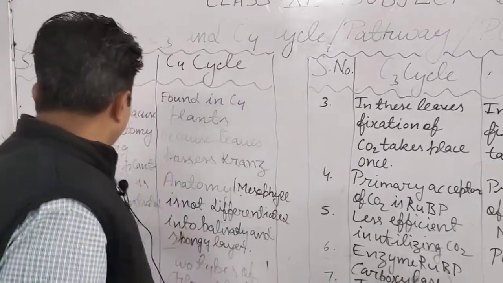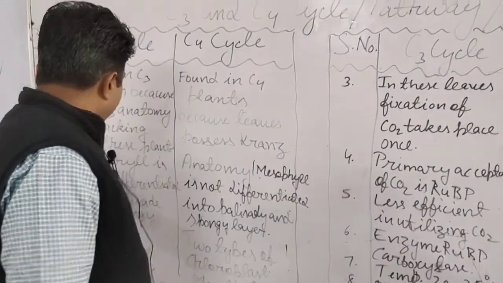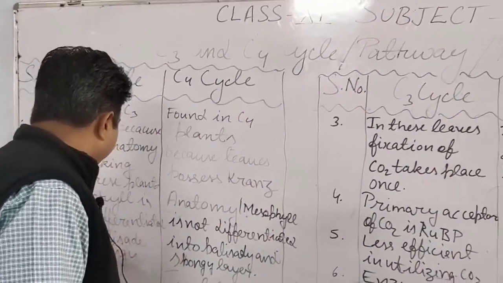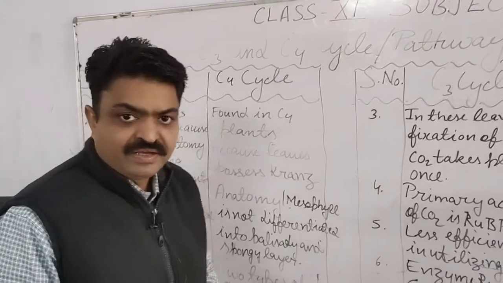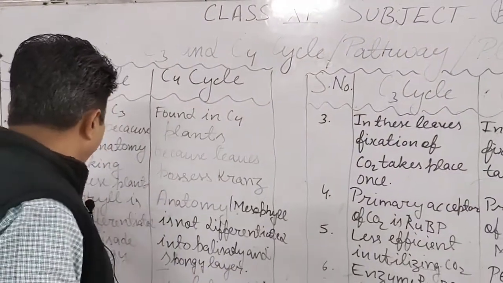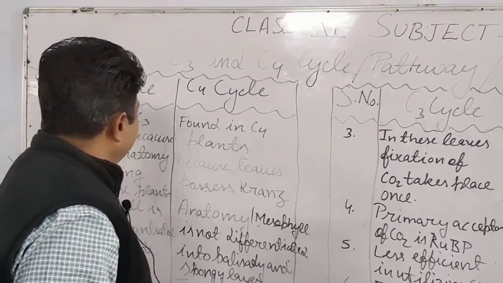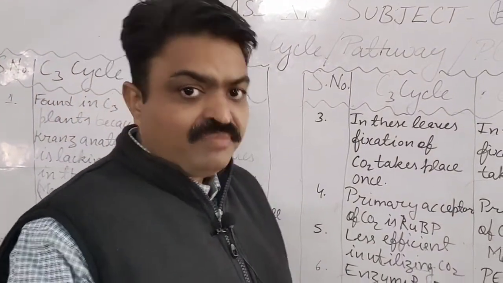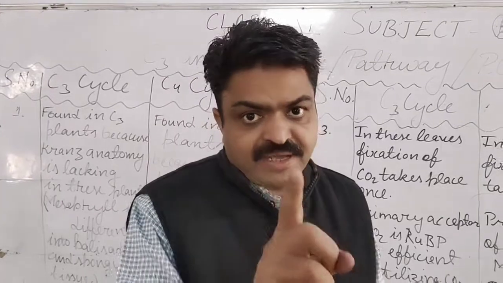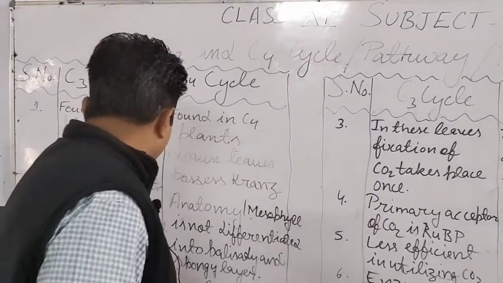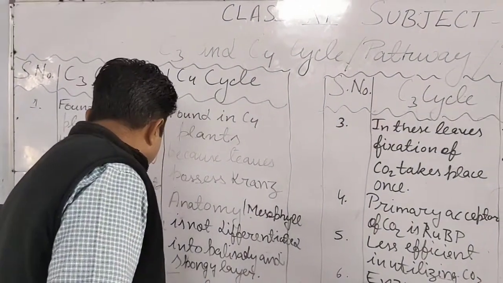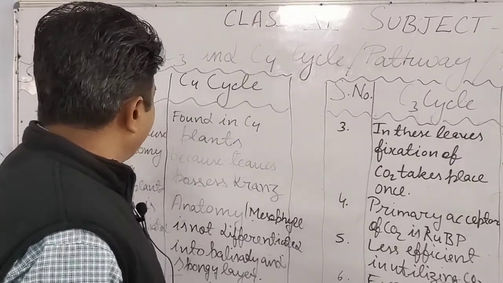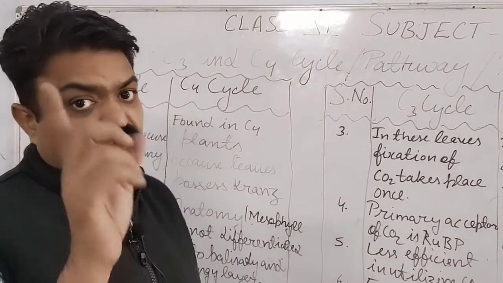Their leaves are differentiated into palisade and spongy layers, and due to that they have one cycle. That cycle is known as the C3 cycle, student. Their mesophyll is differentiated into palisade and spongy layers, which means they don't have Kranz anatomy.